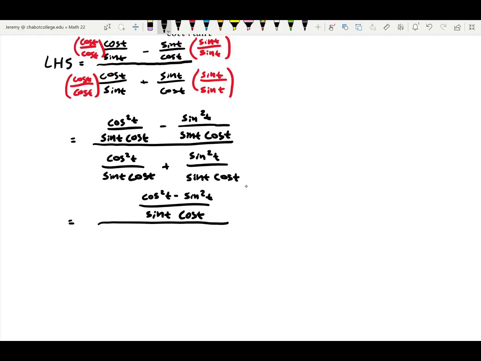And in the big denominator, I'll have cosine squared t plus sine squared t over sine t cosine t. Okay, so here's my big numerator, here's my big denominator.